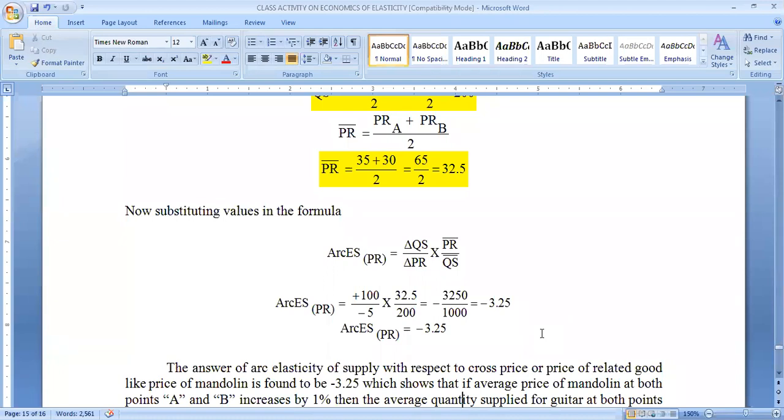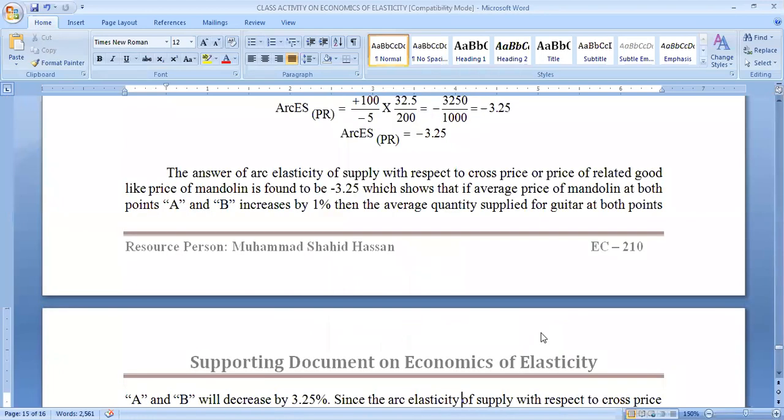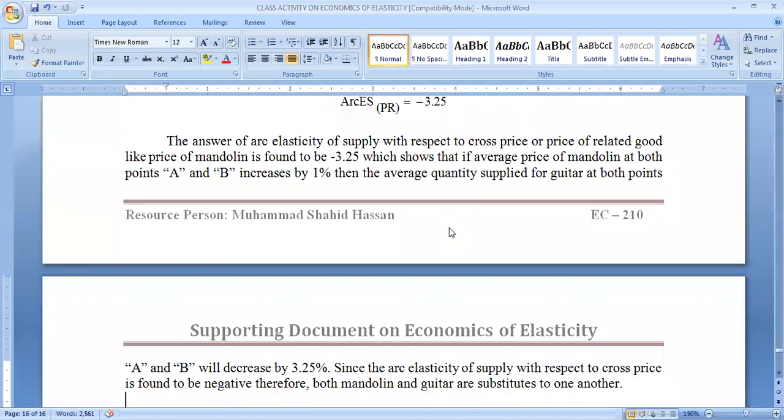The answer of arc elasticity of supply with respect to cross price, or price of related good like price of mandolin, is found to be minus 3.25, which shows that if average price of mandolin at both points A and B increases by 1%, then the average quantity supplied for guitar at both points A and B will decrease by 3.25%.